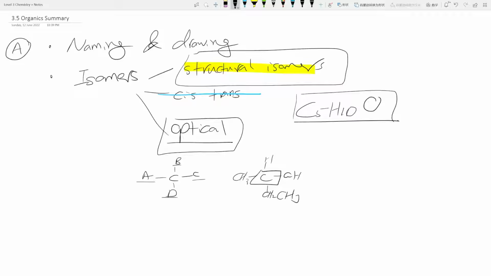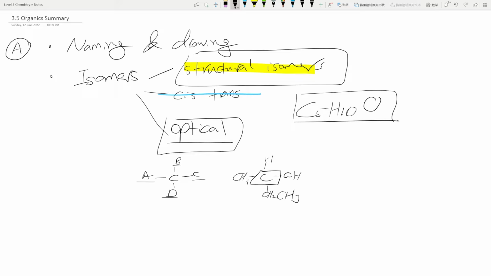And I always tell my class to just think about your hands. Your hands are perfectly good examples of optical isomers. They are exactly the same, and they are non-superimposable, which means if you put one over the other, they can't overlap completely, yet they are exactly the same.